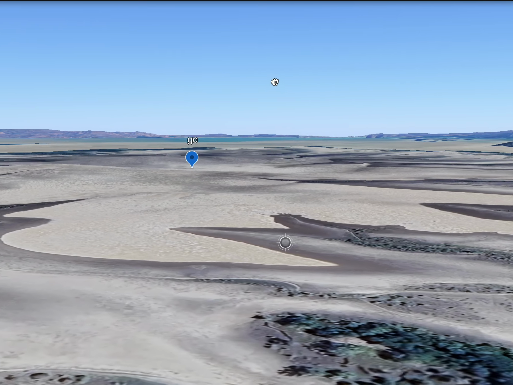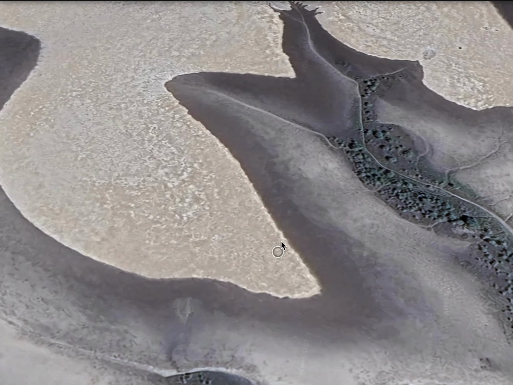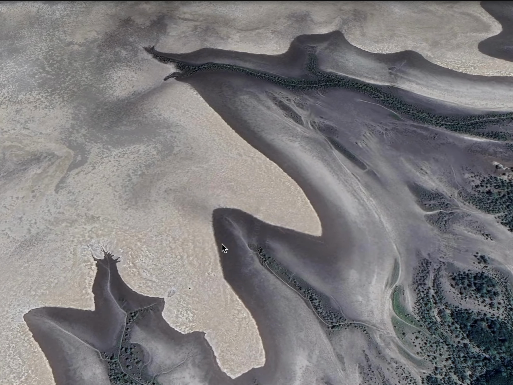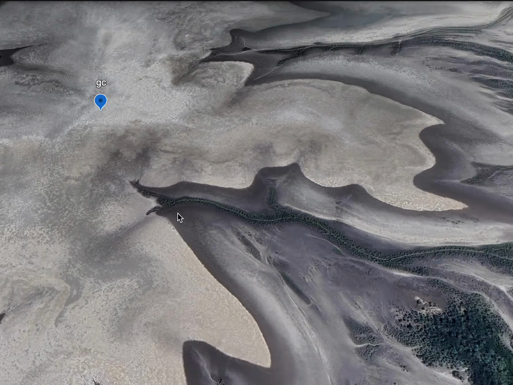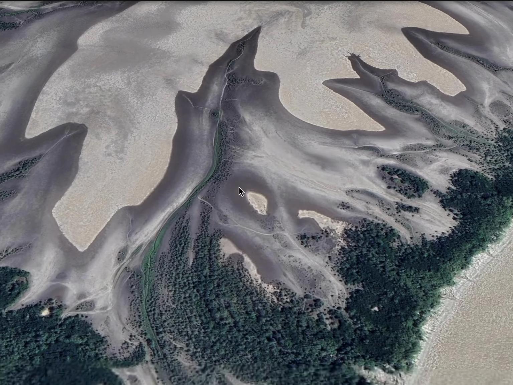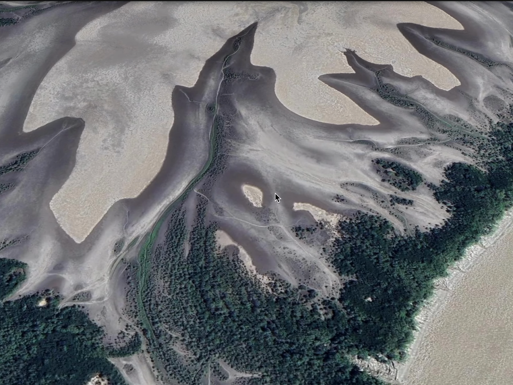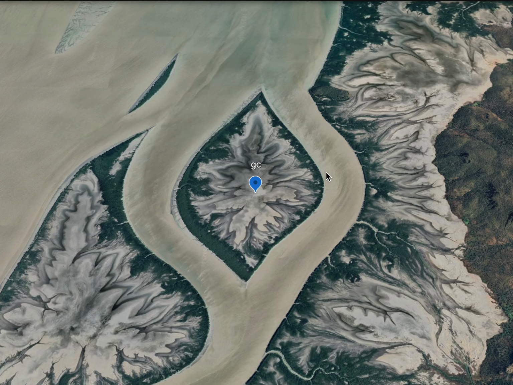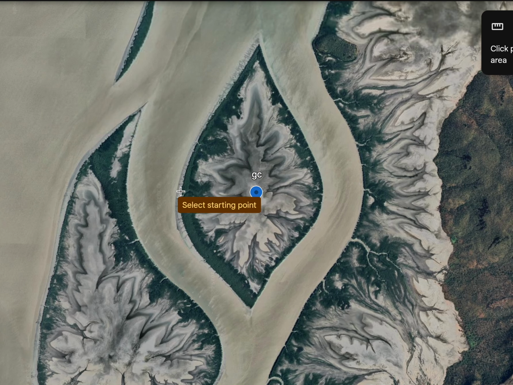Really nice and flat, very clean edges. Pointed yet somewhat rounded. Big pointed features. And then you look at this, this is also streamlined out by a water current within this much larger channel.